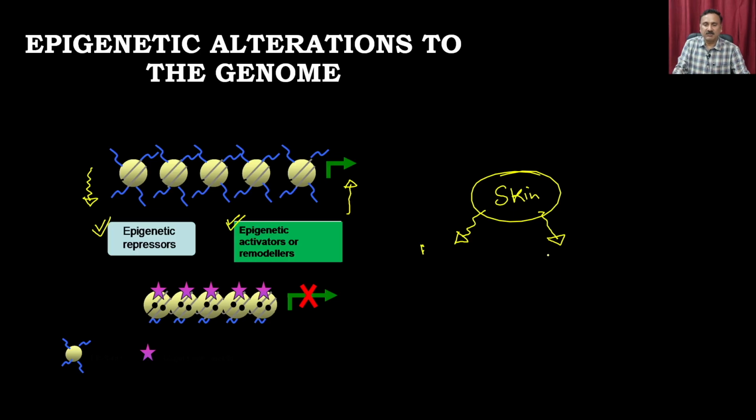If you have the expression of all the genes, then it is going to be black skin, right? So all the epigenetic alterations are encoded within the genome, and that's how they are carried from one generation to the next generations, and that's how they are responsible for the final outcomes, although there's no change in the DNA content.